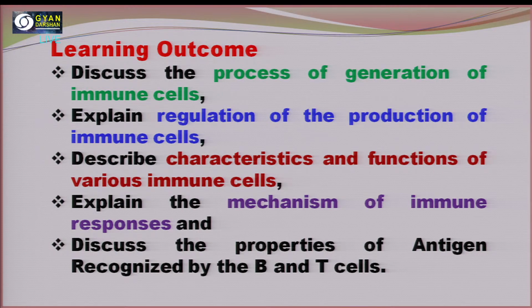You will be able to explain the mechanism of the immune response, and discuss the properties of the antigens recognized by B cells and T cells. Dear learner, there are a number of learning outcomes, so I want to discuss them one by one.